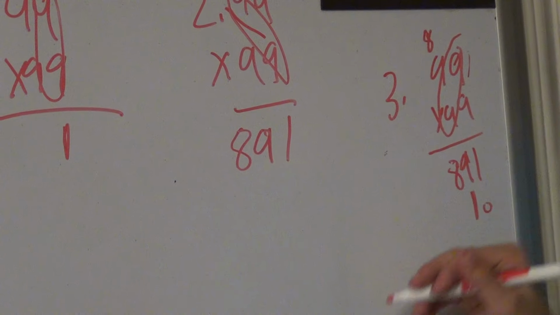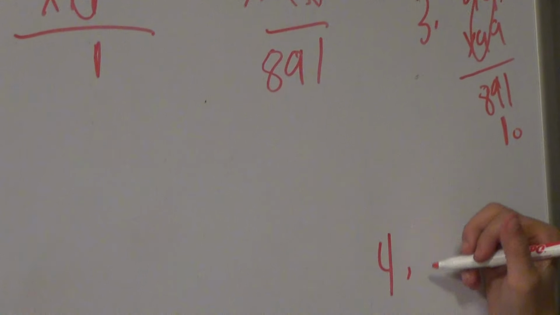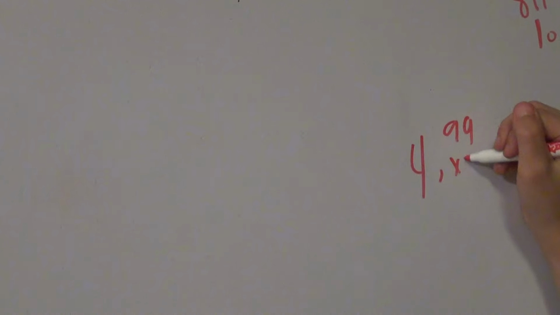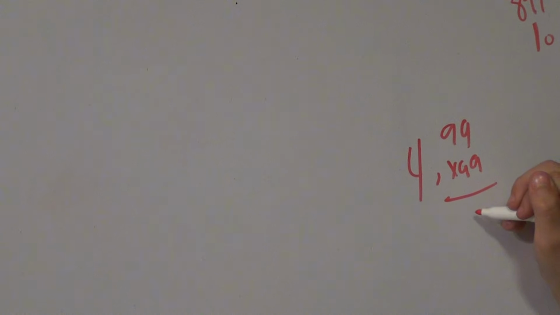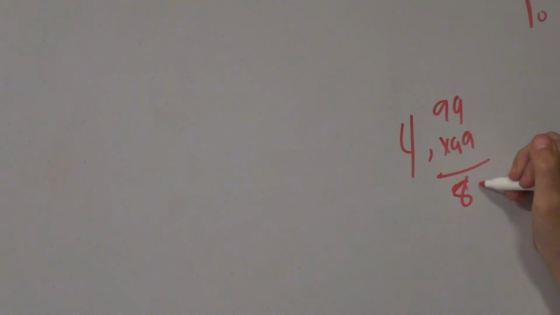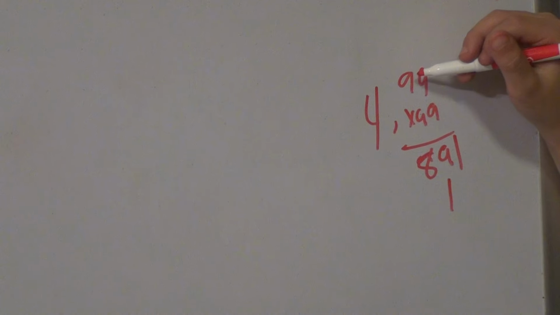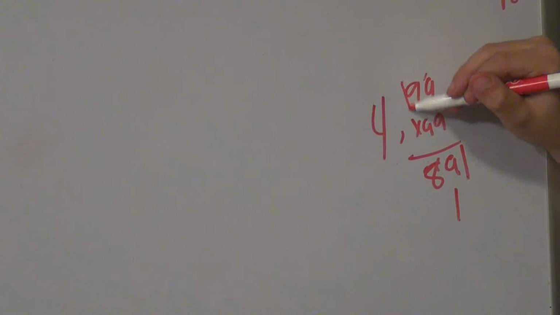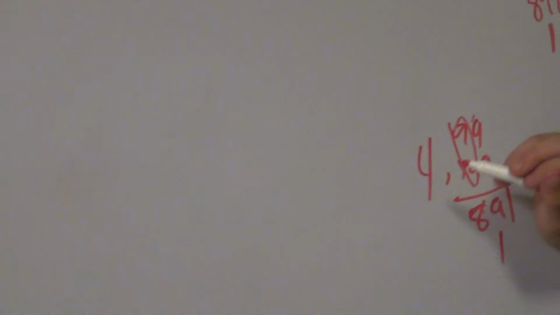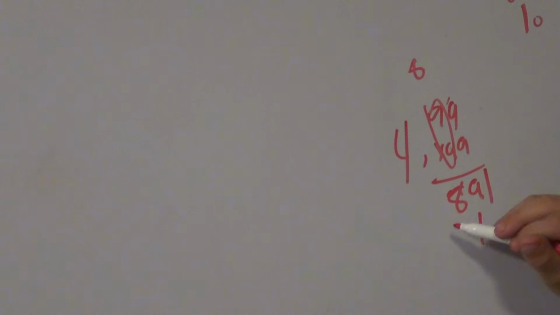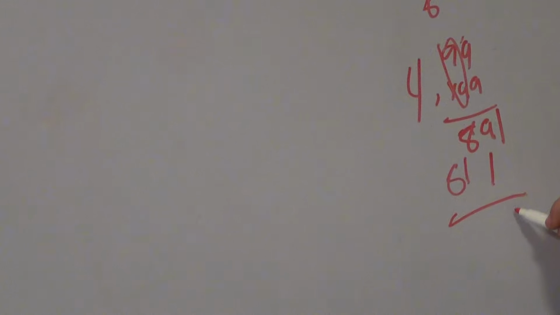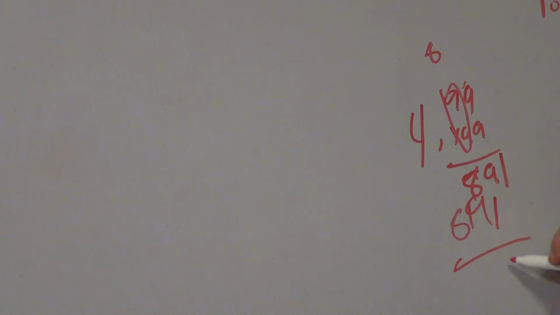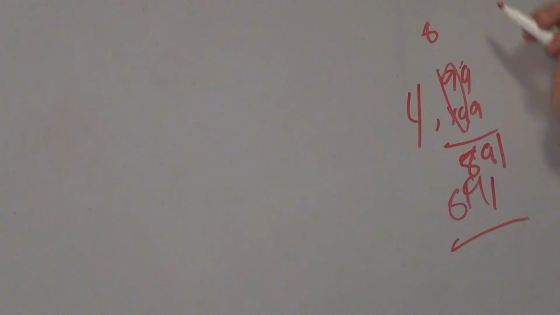And then step 4, you do 9 times 9 again, plus 8 equals 89. And then, wait, let me add the addition.